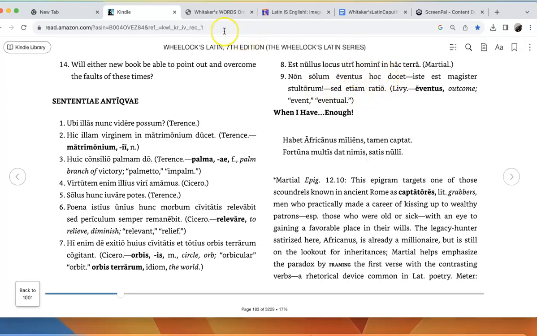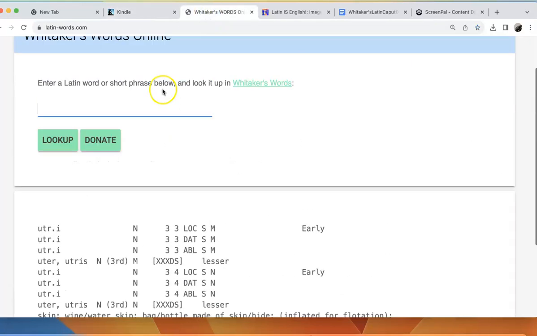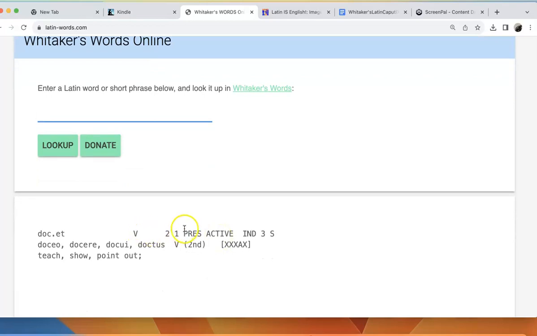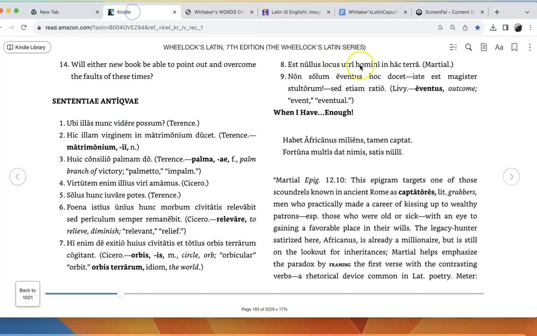So one of the things in this one is we've got to make sure we get our verb tense correctly. In this case, it's present active indicative, so it means teaches or shows. But then what teaches or shows? Well, the outcome.